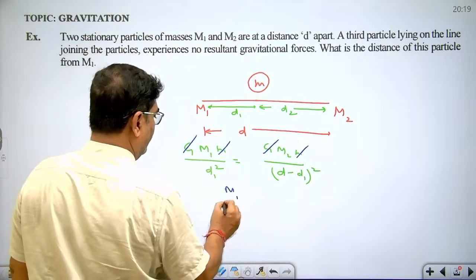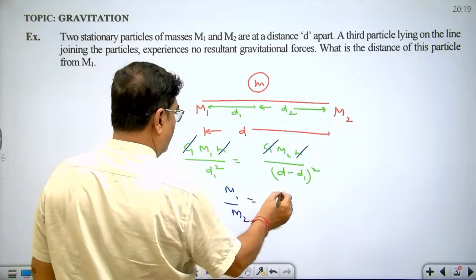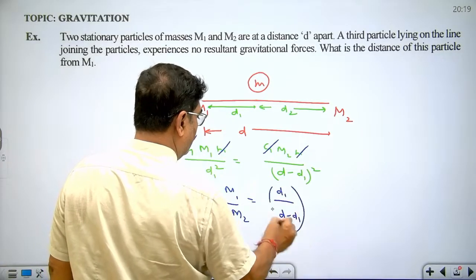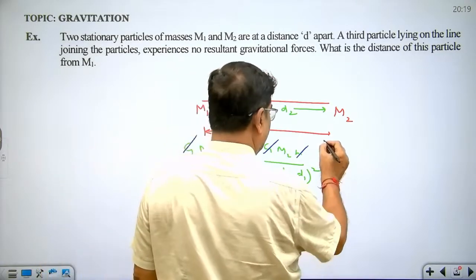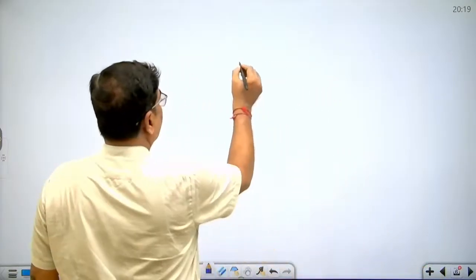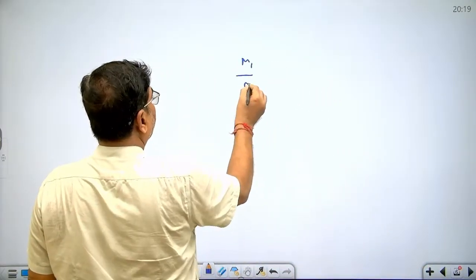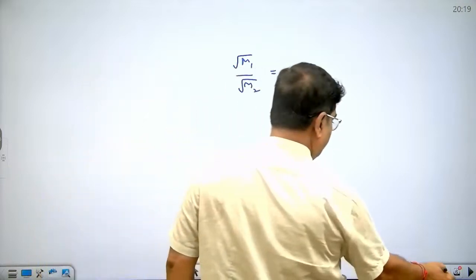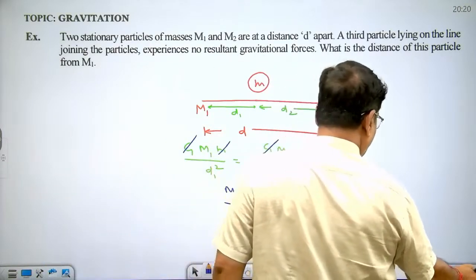So we will get m1 upon m2 equal to d1 upon d minus d1 whole square. Let's take the under root of m1 upon m2, which is equal to d1 upon d minus d1.